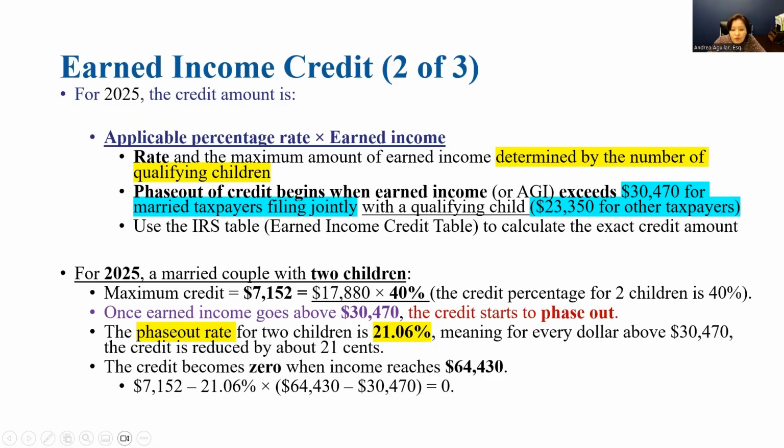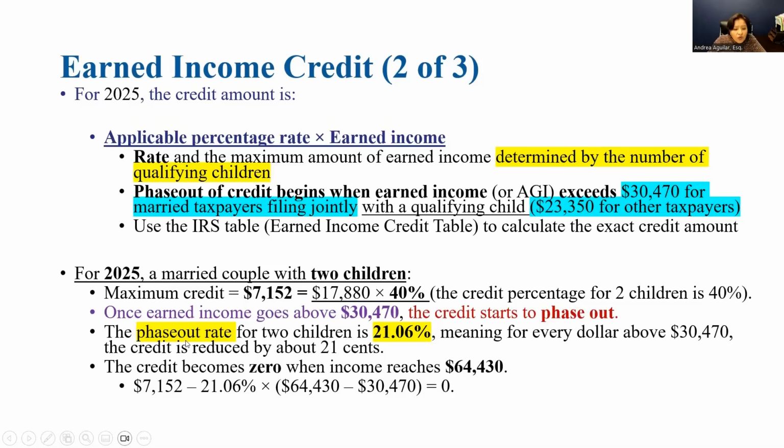Okay. After that, if you reach a certain amount, which in this case is $30,470, the tax credit starts to phase out, starts to decrease.